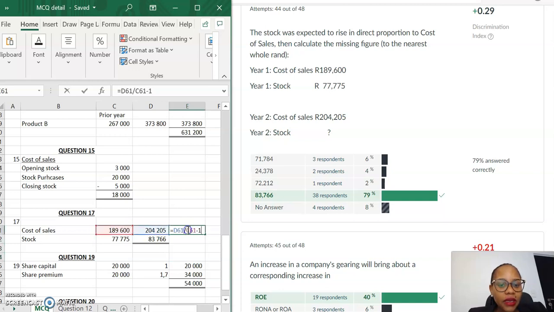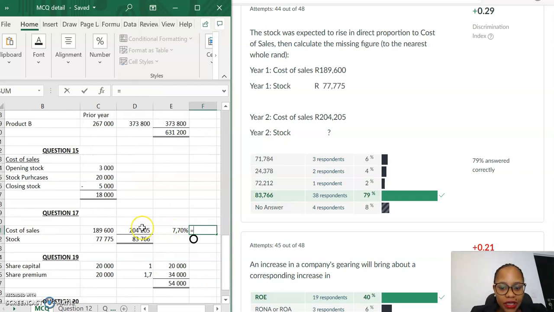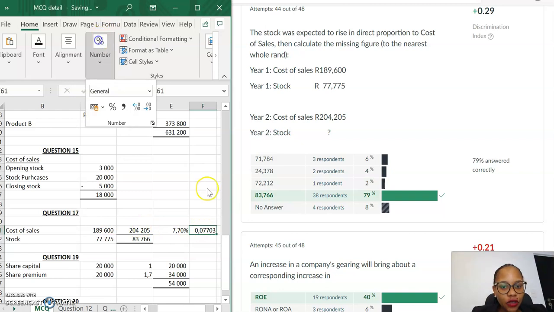For the increase, you actually just take this one divided by the old one minus 1. Or another way of doing a percentage increase is just take the difference between the two, so that minus that one, and divide it by the old balance. Okay, you'll get to the exact same percentage using the other formula.